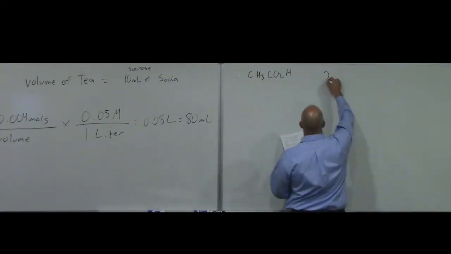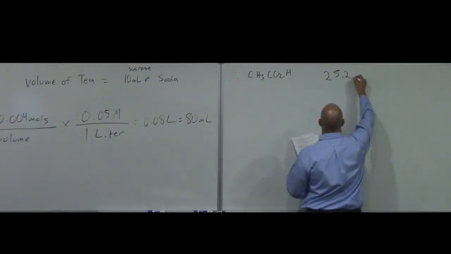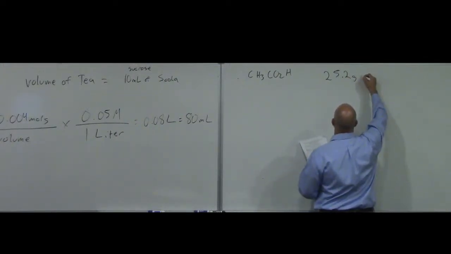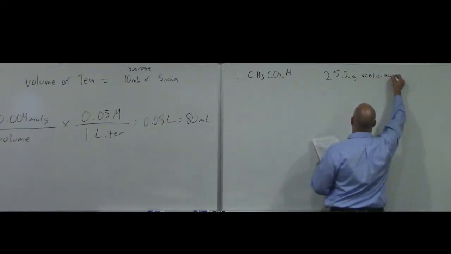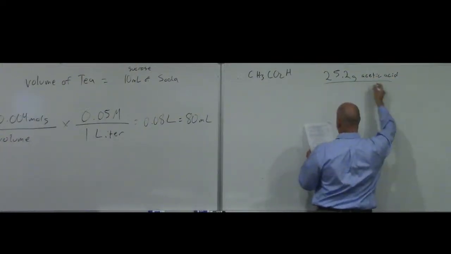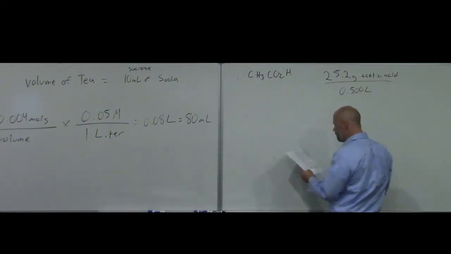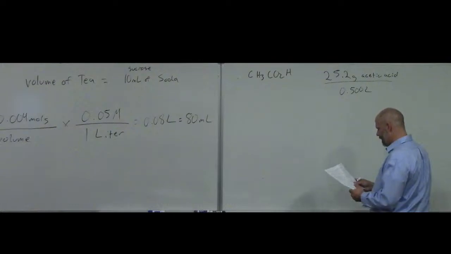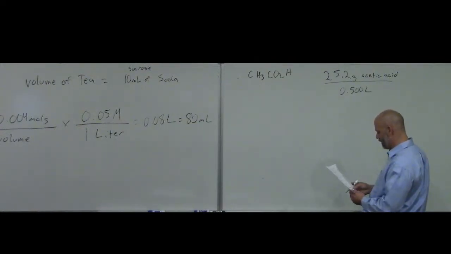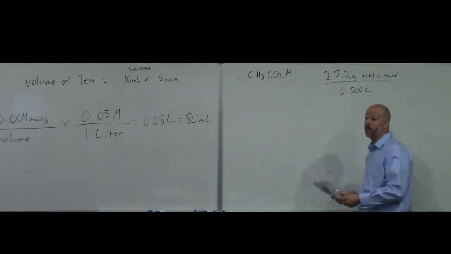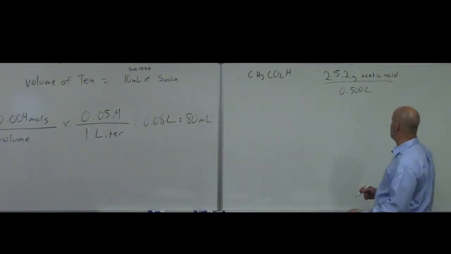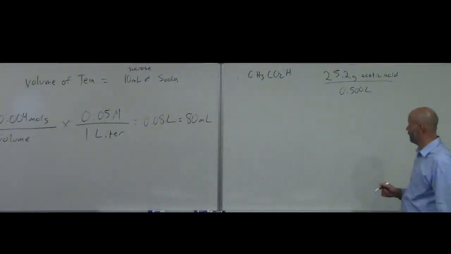So I'm going to write that down, 25.2 grams of acetic acid in 0.500 liter solution. It wants me to tell it what is the concentration of acetic acid in units of molarity. So molarity, I need to get to moles per liter, right?